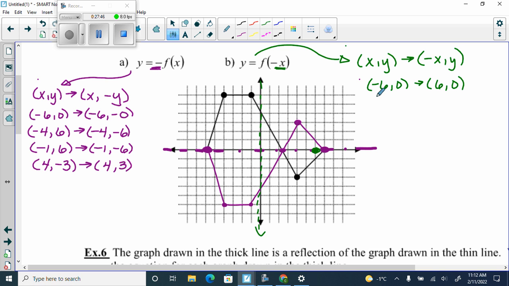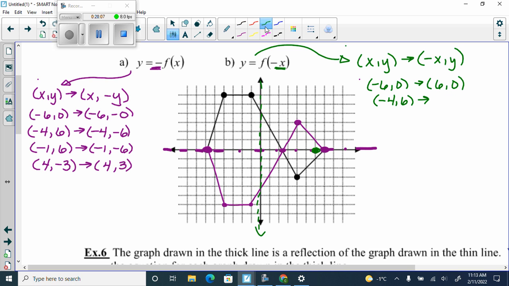Then negative 4, 6 is going to become positive 4 and 6. Oh, the eraser's not going to work. My x's are being negated, not my y's.